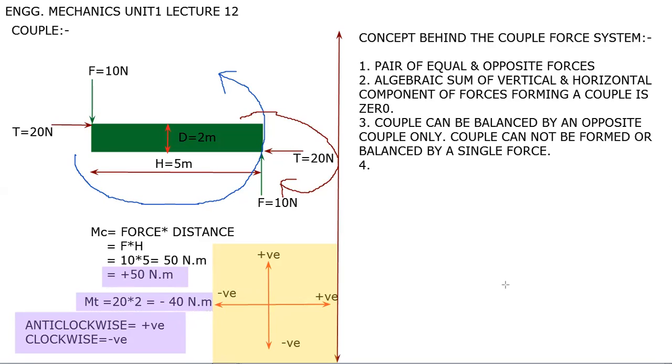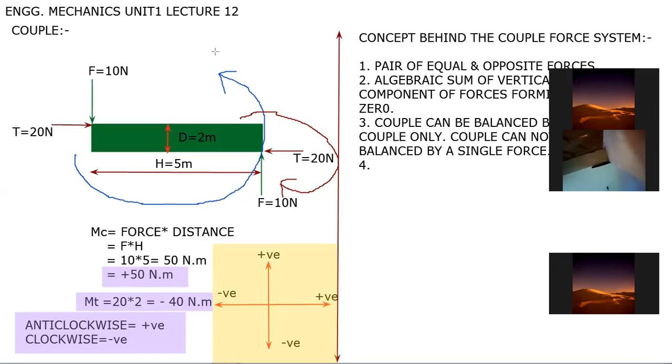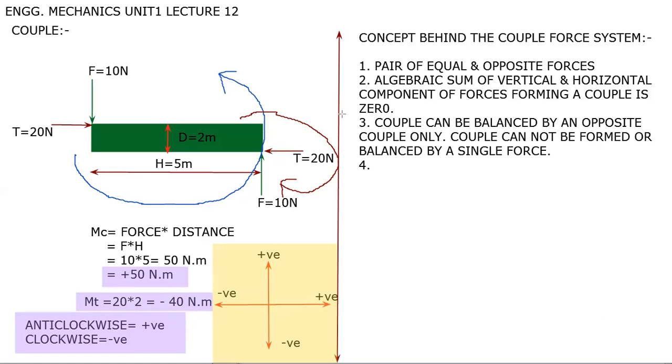Now, after this, the third characteristic is that a couple can be balanced by an opposite couple only. So this proves that the Newton force couple is balanced by the 10 Newton force couple acting in the opposite direction only.